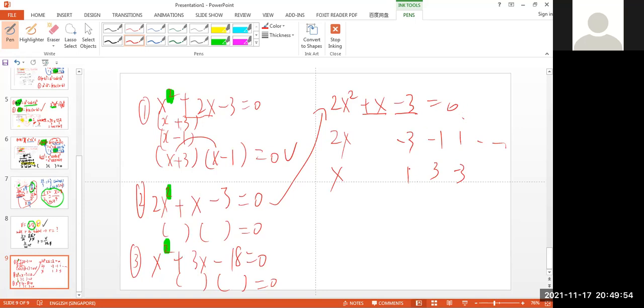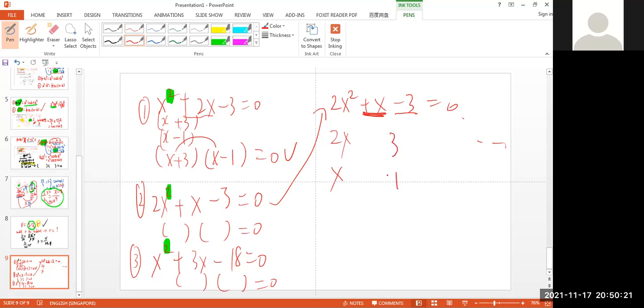Over here, this is minus 2. This is minus 2. This is minus 2. And you realize that all of them don't give you plus x. So you eliminate them all just by doing so. So you don't test this. Then what you need to test next is this, 3x and 1.